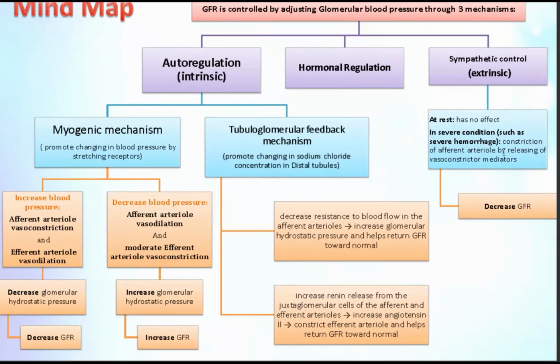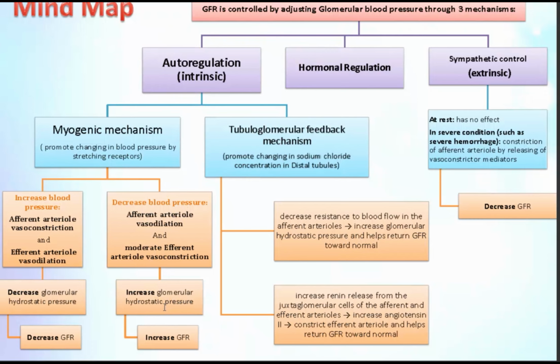So if you see one by one, the myogenic mechanism means it responds to changing blood pressure through stretching receptors, with increased or decreased blood pressure. If blood pressure increases, then it leads to decreased glomerular hydrostatic pressure, therefore it decreases the GFR. So in this way it can regulate. And in the other way, whenever blood pressure decreases, that means glomerular hydrostatic pressure increases, which can increase the GFR.